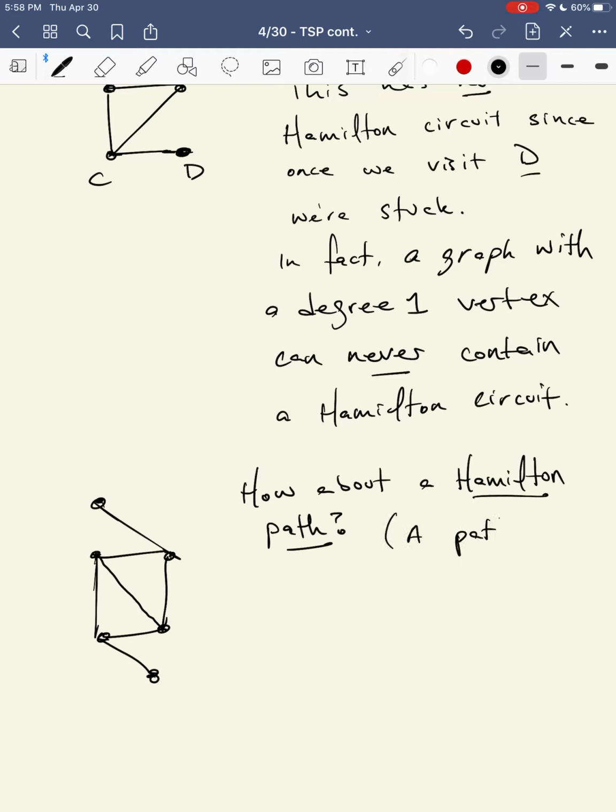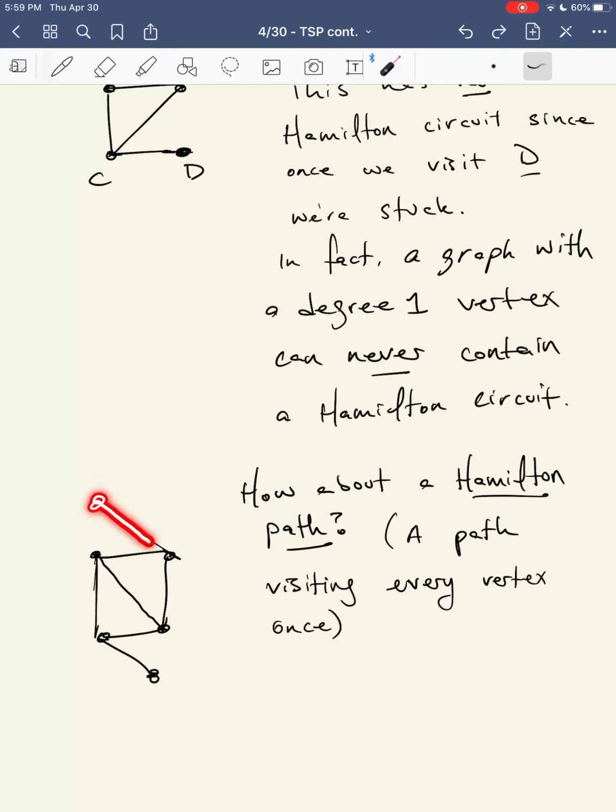A path visiting every vertex once. Okay, well, let's see. If we start here, then we can go down, visit that vertex, over and visit that vertex, down there, over there, and down there.